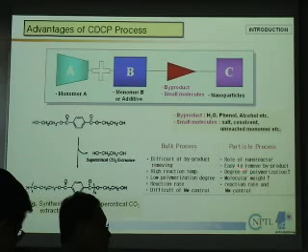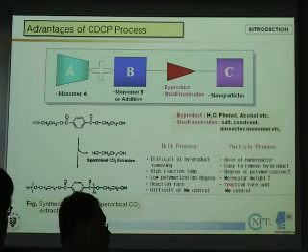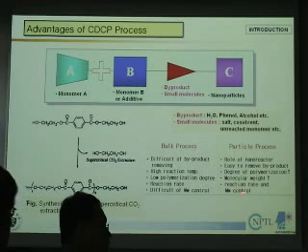Our suggestion is by controlling some kind of process, by adjusting the solubility of the continuous medium with some materials generated in the particles, you can extract that from the reaction side into the continuous phase.